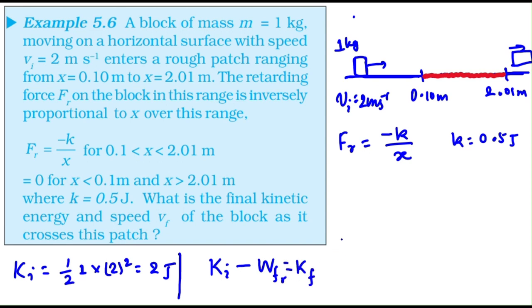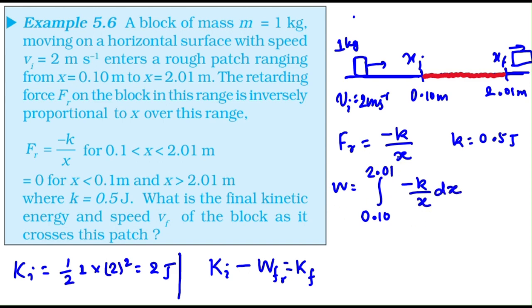Okay, so look, this frictional force is not constant. It is varying with x. So we have to apply the concept of work done by a variable force, and then the work done will be the integral from 0.10, that is initial x, xi here, to xf, which is 2.01, of f, which is minus k by x, dx.